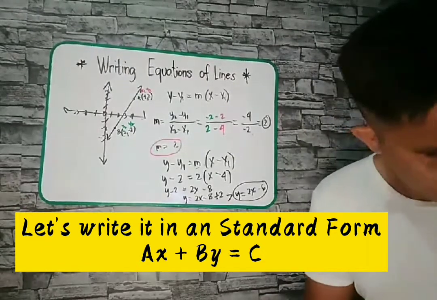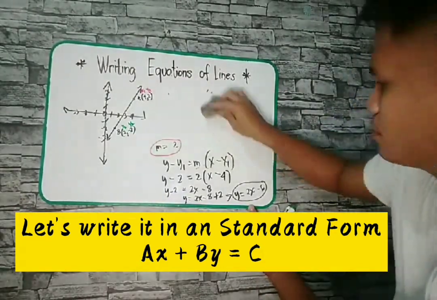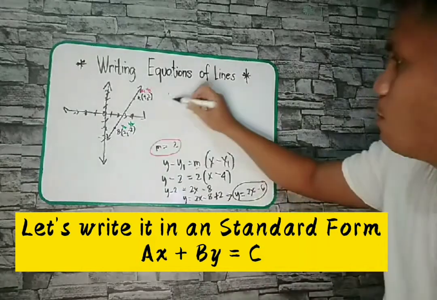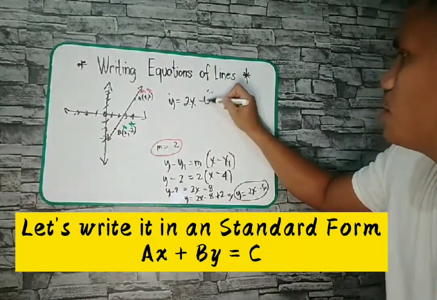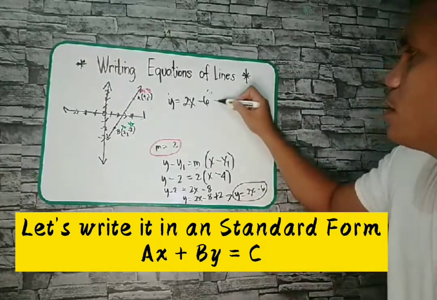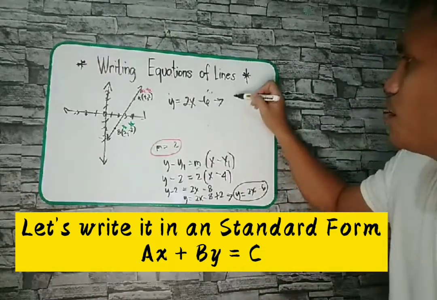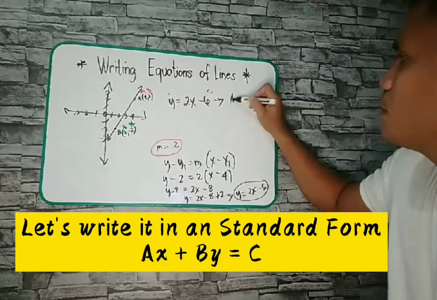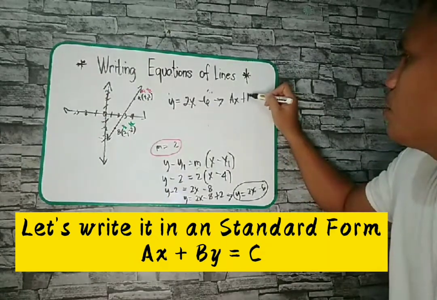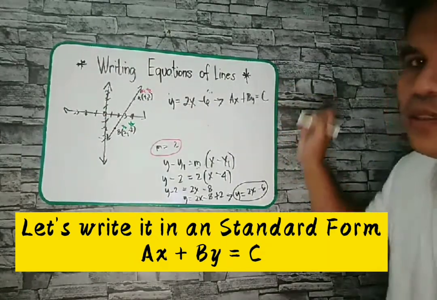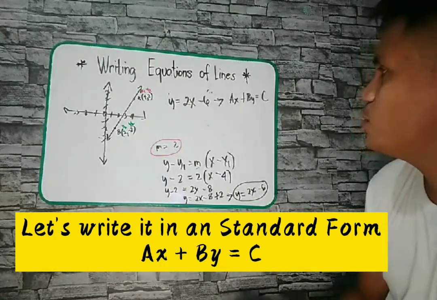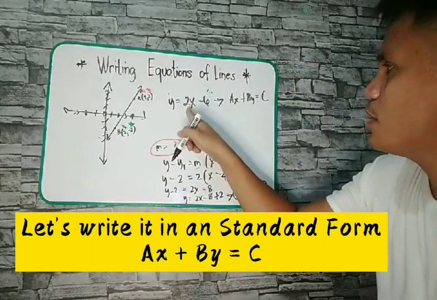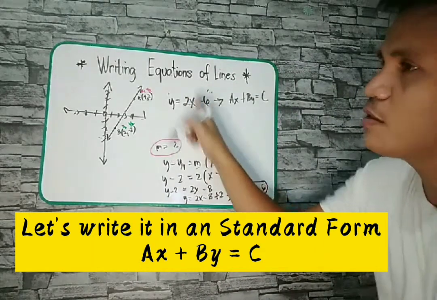Okay, let us erase first. Suppose we have y is equal to 2x minus 6. We're going to transform it into the standard equation, Ax plus By is equal to C. All you have to do is to transpose 2x from the right side to the left side.